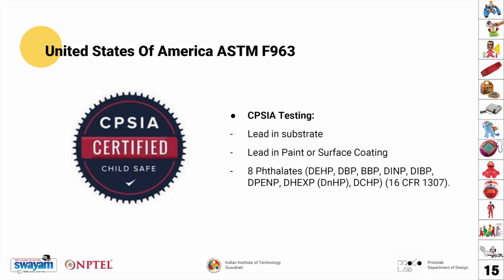These include testing for lead in the substrate and lead in paint or surface coatings, as well as 8 restricted phthalates such as DEHP, DBP, BBP, DINP, DIBP, DPENP, DHEXP, and DCHP, which are regulated under 16 CFR 1307.